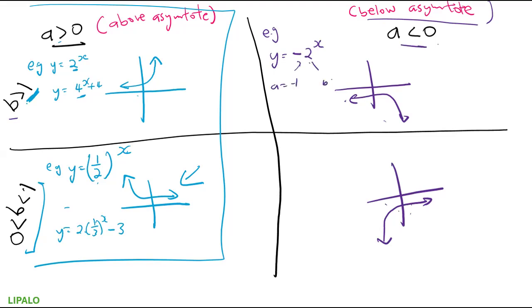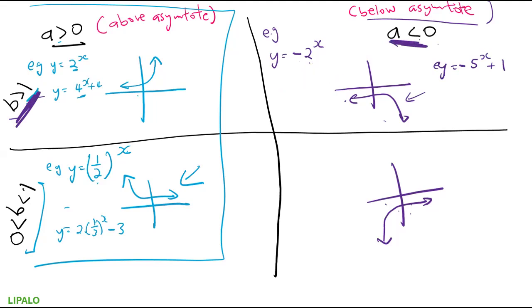B here is equal to 2, so it's greater than 1. This is what you have. Another example can be y is equal to negative 5 exponent x plus something. Just know our focal point will be the a and the b. If a is negative and b is greater than 1, this is what you have here.